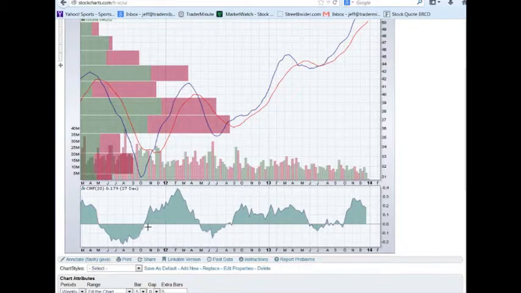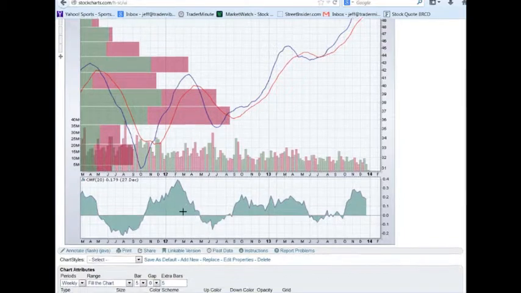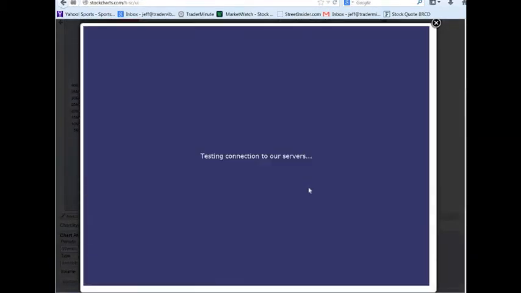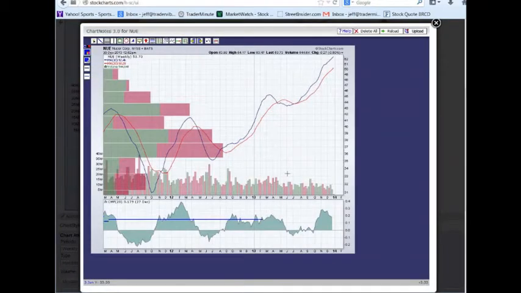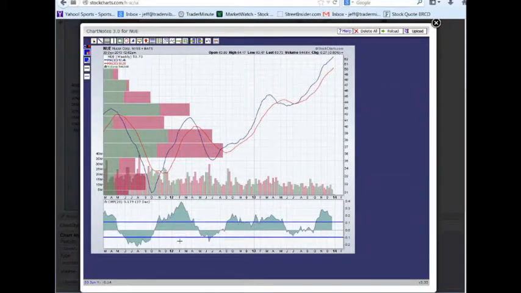You can buy when the Chaikin Money Flow moves above zero, sell when it moves below zero, or you can use a cushion. A lot of traders who use the Chaikin will use a cushion. They'll say, look, I'll buy when it goes above 0.1, and I'll be a seller of the stock when it goes below 0.1. So they'll give this buffer zone.